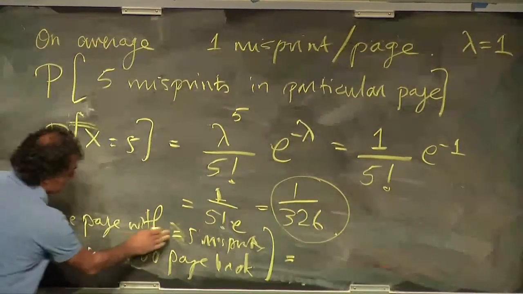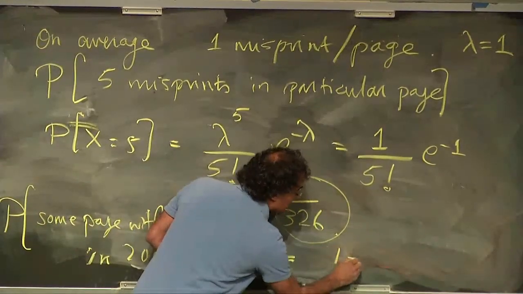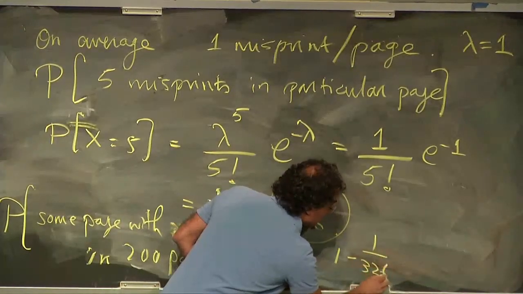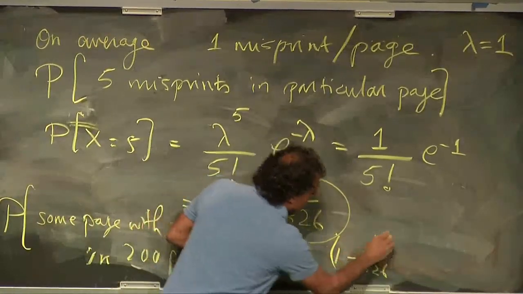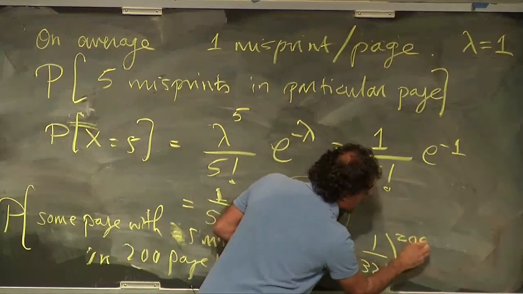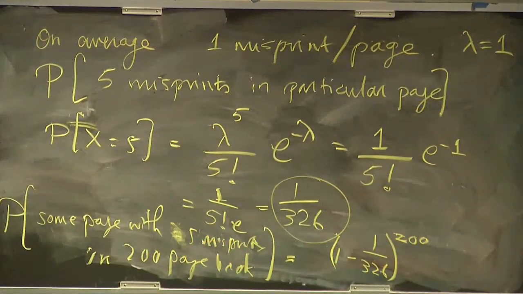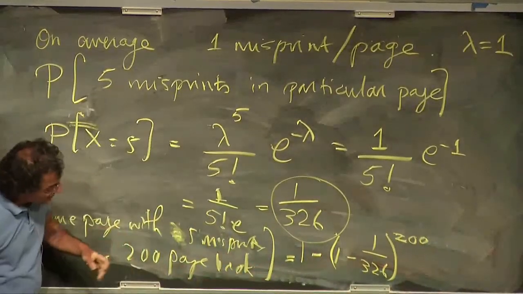So the chance of not having 5 misprints in a page is 1 minus 1 over 326. The chance of not having 5 misprints in each of the 200 pages is this much. And therefore, the probability of having 5 misprints in at least one of the pages is 1 minus that.